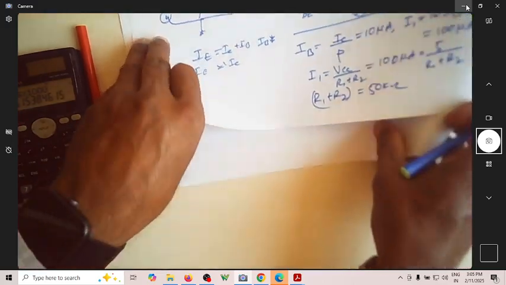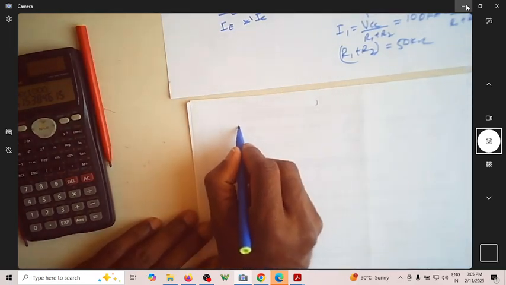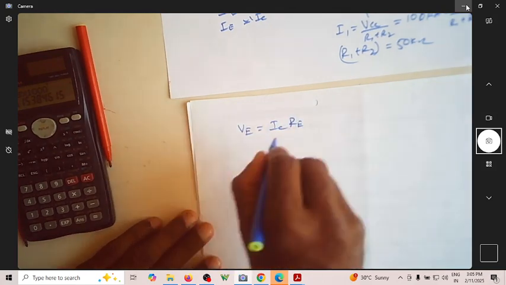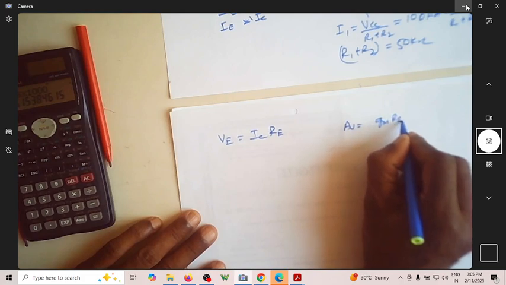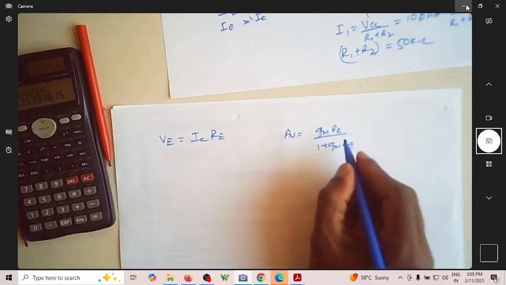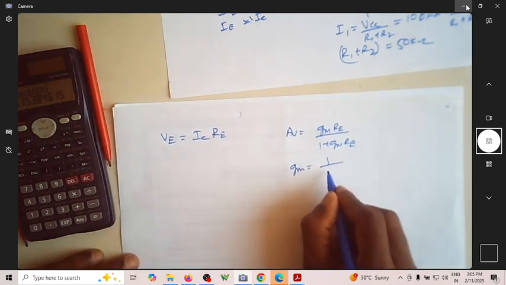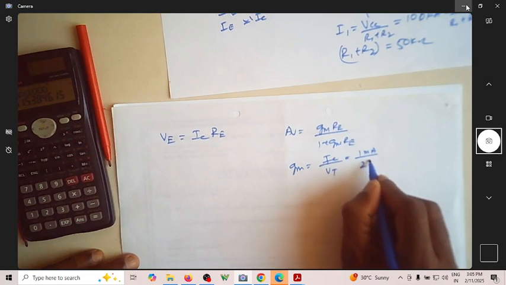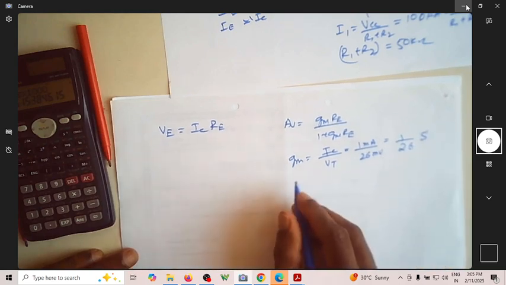So how do you find the value of R2? Because R2 is related to VB. So what is VE? VE is equal to IC into RE. For finding RE, we have the expression AV is equal to GM RE by 1 plus GM RE. This is the expression we know for the CC amplifier. From which GM is equal to IC by VT, which is 1 milliampere by 26 millivolt. This will become 1 over 26 Siemens.